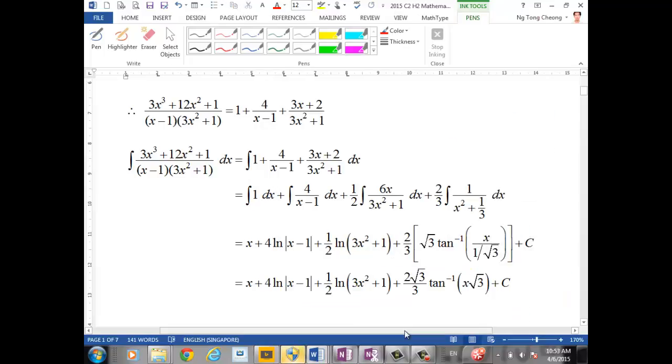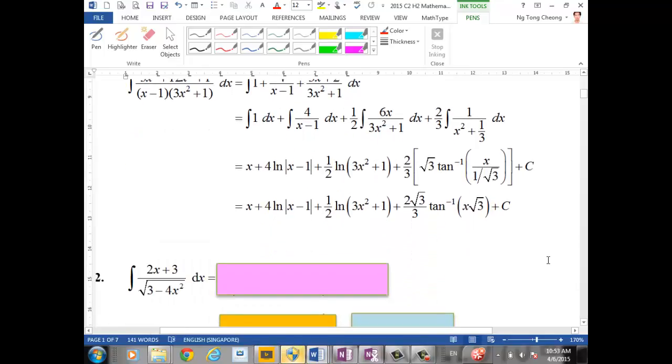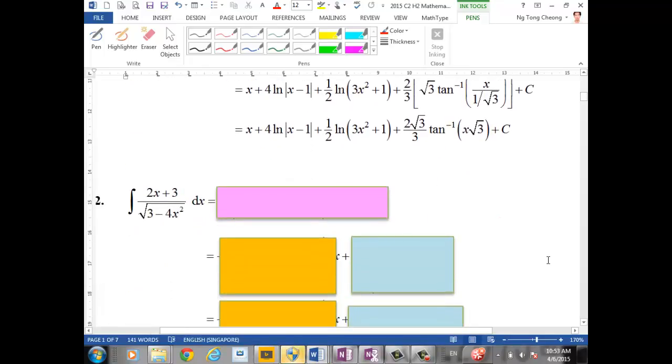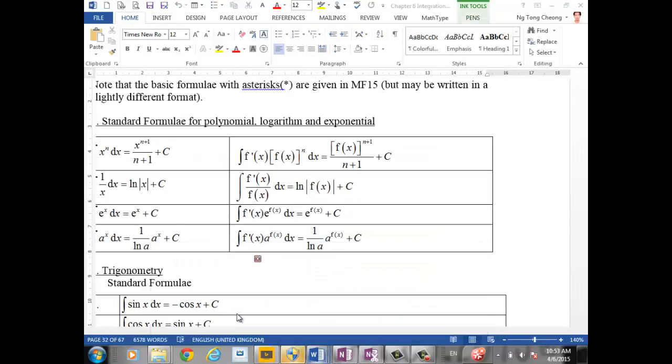Now what I suggest is that you take a look at your question 2, and then revisit the formulas or the techniques and see how you can proceed. Okay, you may look at this.